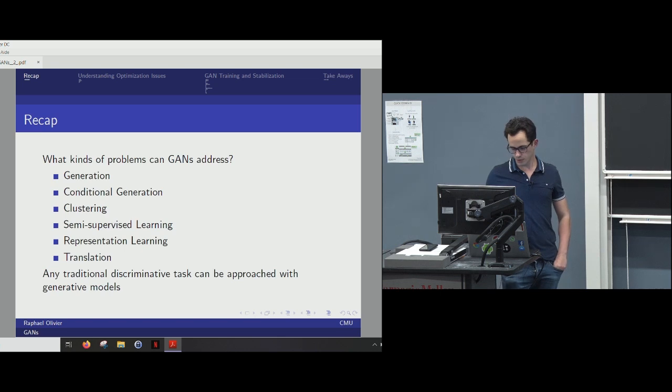So what kind of problems can you do with GANs? By default, it's meant to solve generation problems, to draw samples from a distribution. But by extending a bit on that, you can do a bunch of things that we talked about, like conditional generation, or even clustering, or translation from one distribution to another. And pretty much every task that you'd want, by marginalizing the distribution that you're computing.